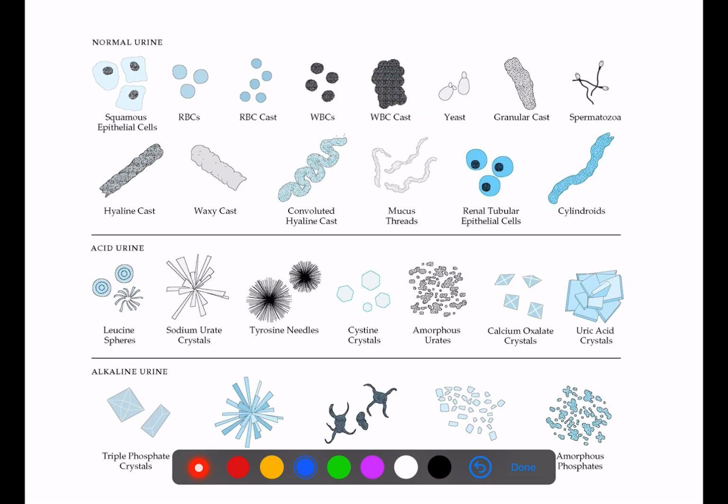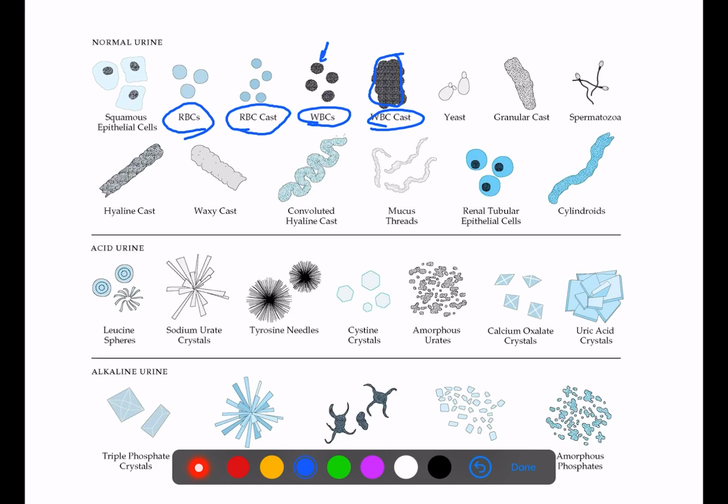This picture summarizes the sediment that may be found with a general urine exam done within the lab. The RBC cast, white blood cell cast, any collection of a group is called a cast, and the free presence of cells is called cells.